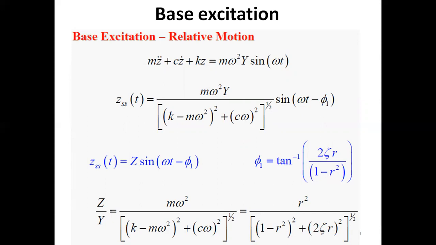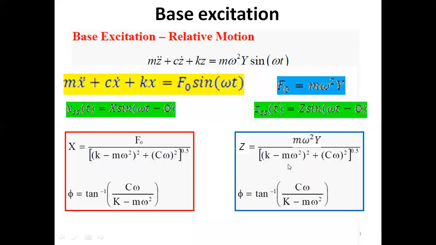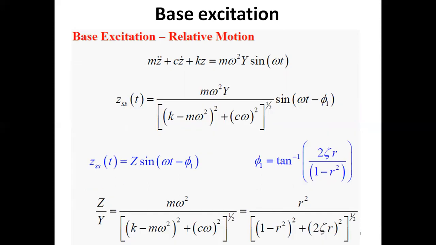We have already developed those equations. You could see that we have capital Z in terms of stiffness, mass, and damping, and the initial phase in terms of damping, stiffness, and mass. We could also deduce this equation in terms of damping ratio and frequency ratio, and we have already learned that a number of times in previous lectures.